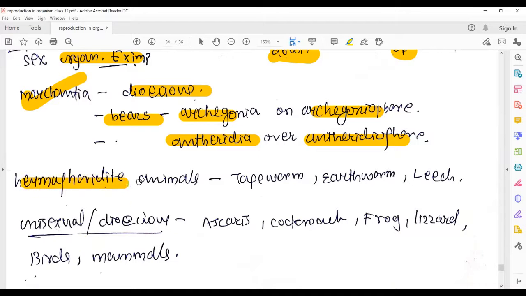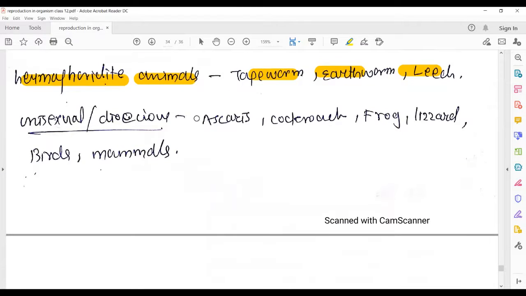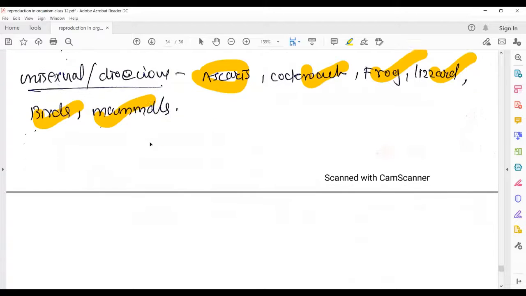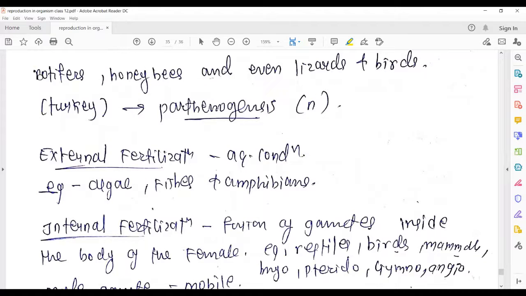Hermaphrodites in animals: tapeworm, earthworm, leech. These are the examples you know. Unisexual or dioecious animals: Ascaris, cockroach, frog, lizard, and birds and mammals. Now see, rotifers, honeybees, and even lizards and some birds are examples over here.